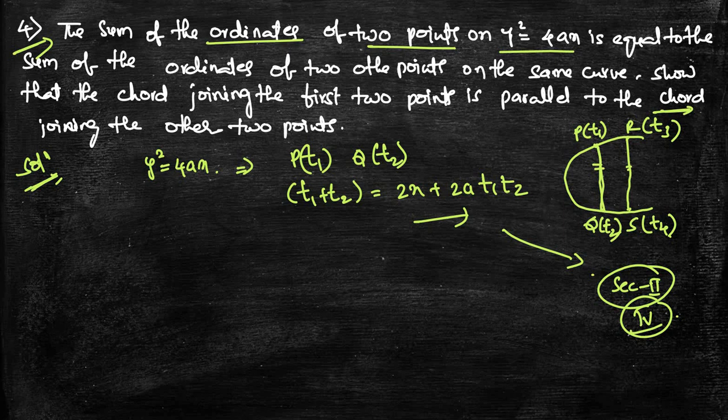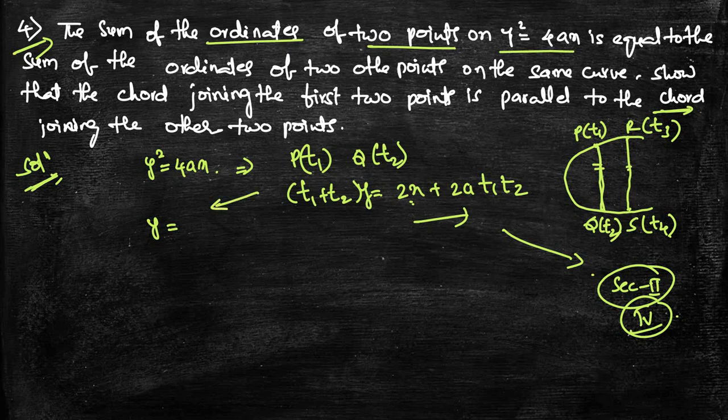From this, (t1 + t2)y = 2x + 2a t1 t2, so we can write y = 2x/(t1 + t2) + 2a t1 t2/(t1 + t2).